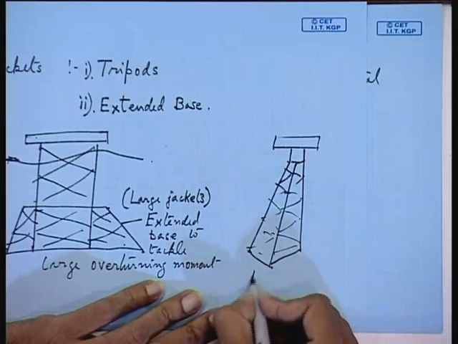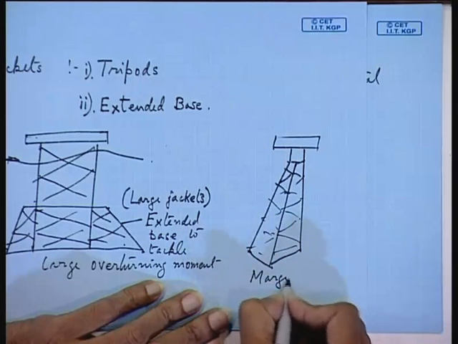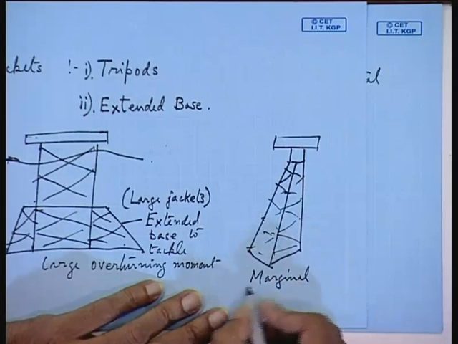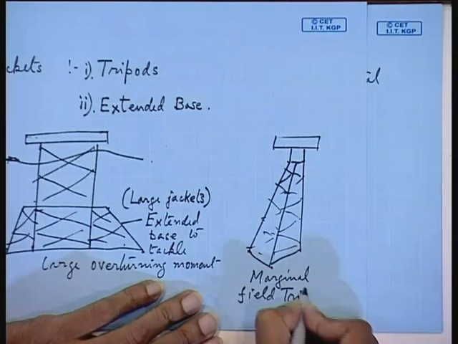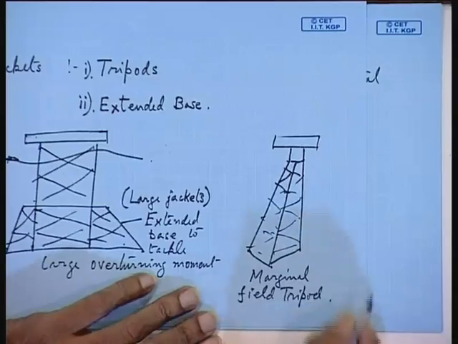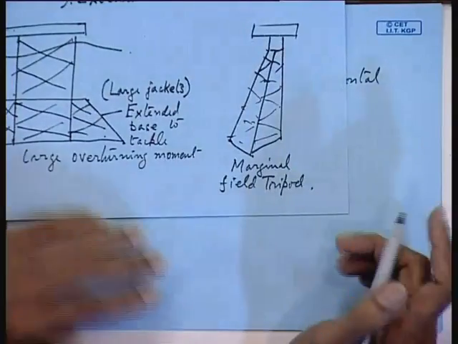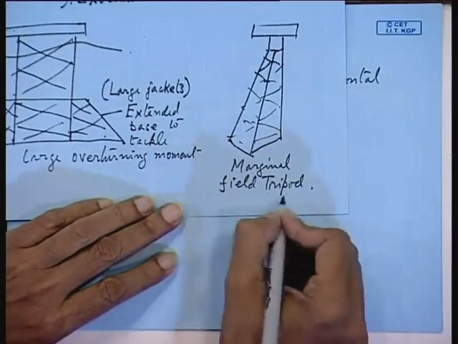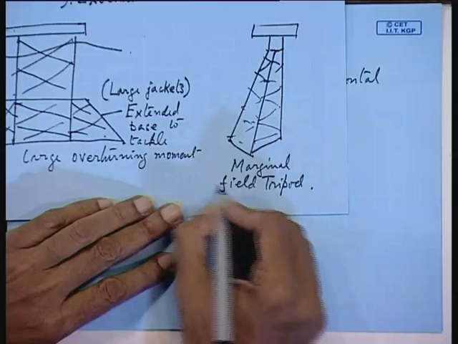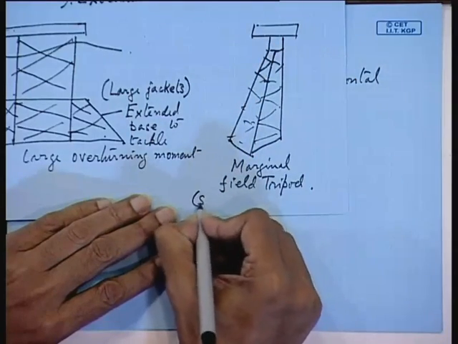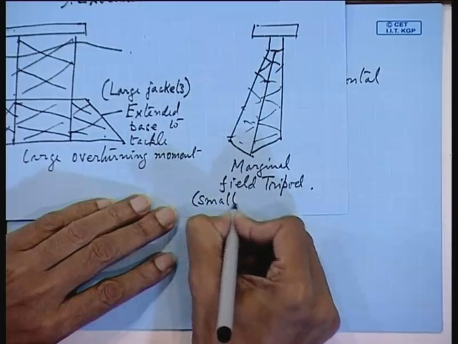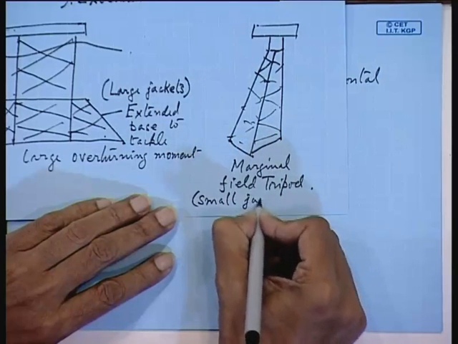So, this is a marginal field tripod. So, marginal field, where the oil reservoir is very small, there is no need to go for a large structure. Here you can go for a small jacket structure.